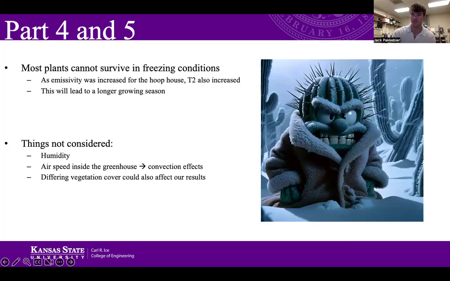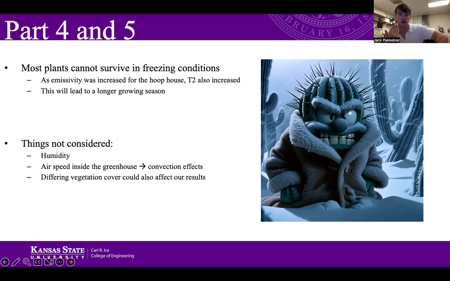So for the last part, we want to see how this would affect the plants in there, and also some things that weren't considered. We saw that as we increased our emissivity and added the hoop house, we got larger and larger temperatures. And going back, the emissivity of the polyethylene was very high, 0.94.